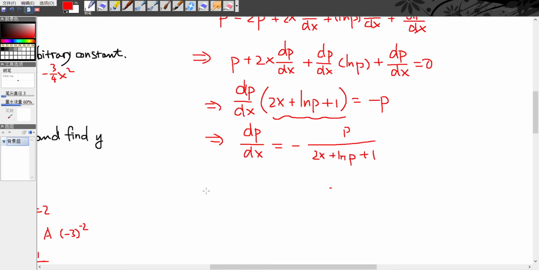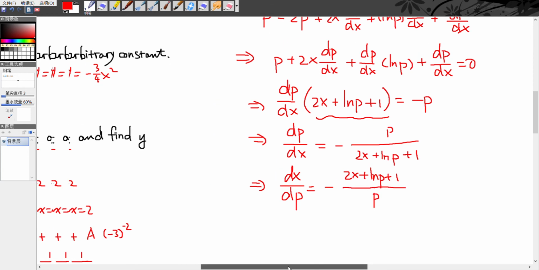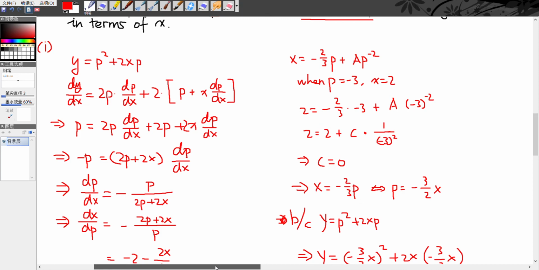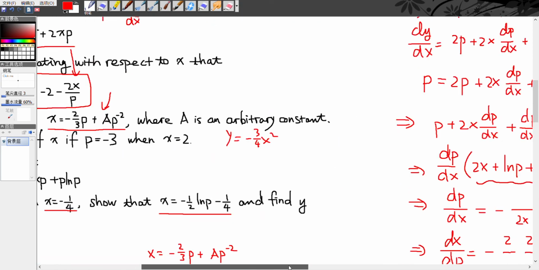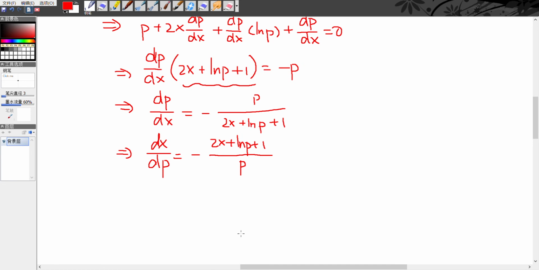And now we turn both sides upside down. We will have dx by dp equals negative (2x plus ln p plus 1) over p. It's just the same procedure as what we did in question 1, but it looks a little bit more messy.